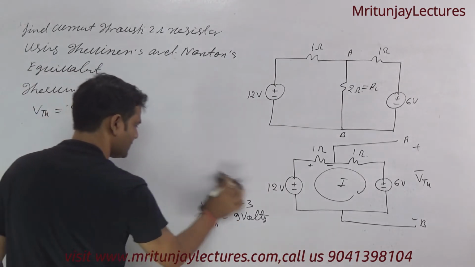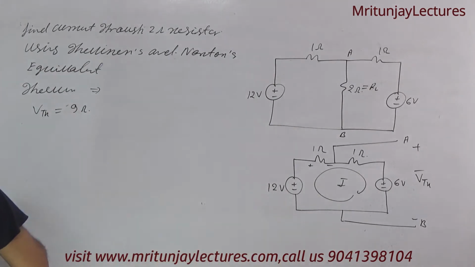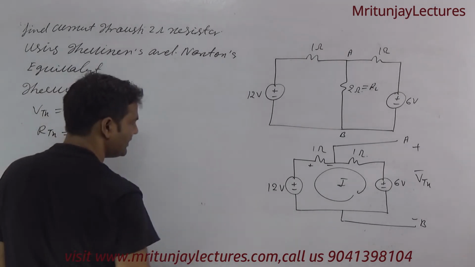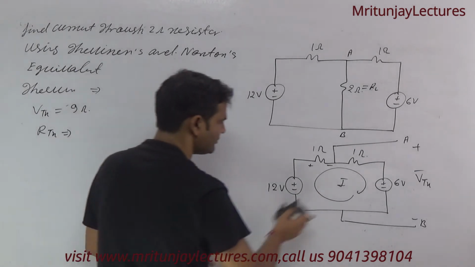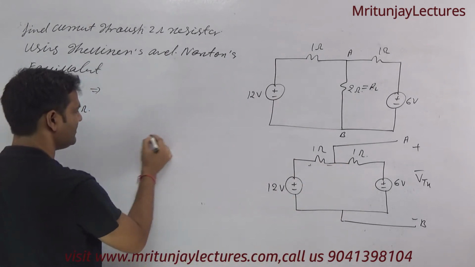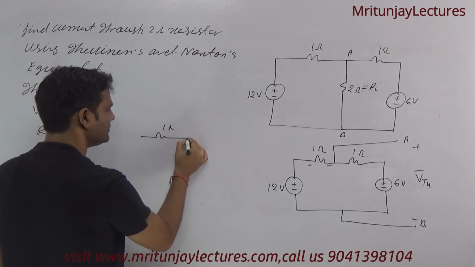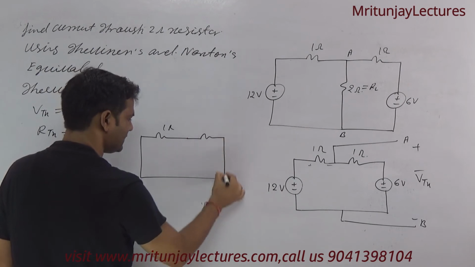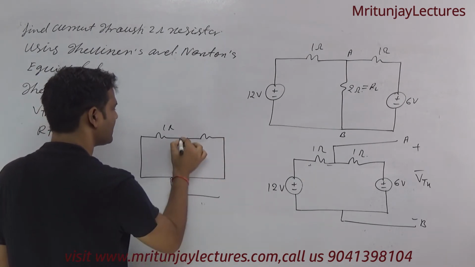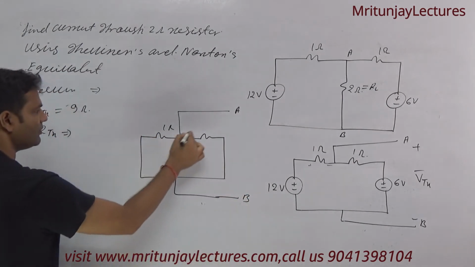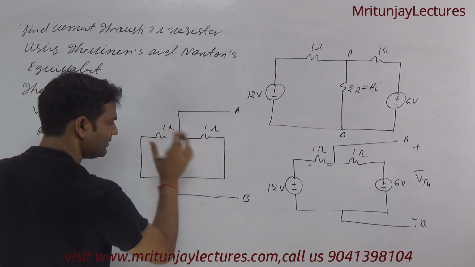So how can we determine RTH? If you determine RTH, it means all independent sources are reduced to 0. First of all, make the circuit. 1 ohm, 12 and 6 volt sources are short circuited. That is A and that is B. 1 ohm, both are in parallel.